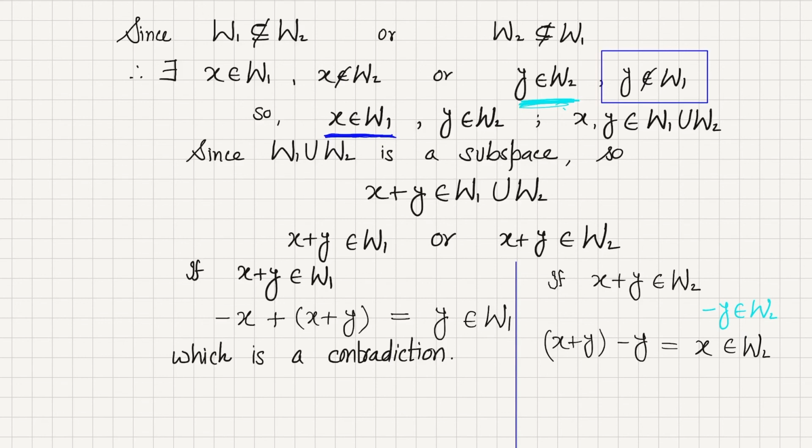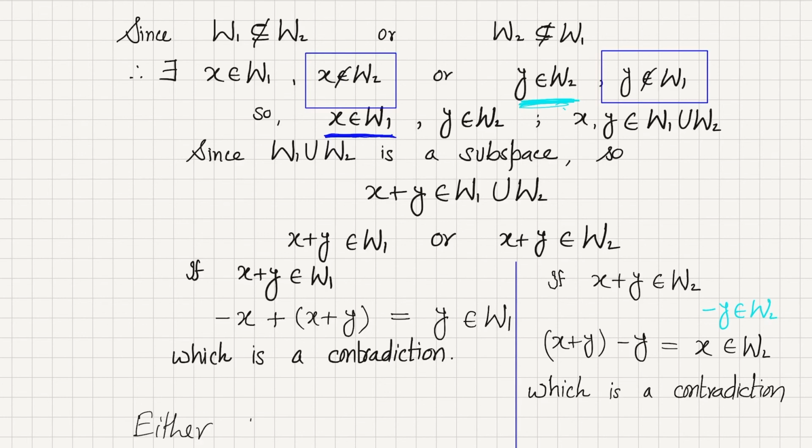But x is not in W2, so this is a contradiction. So in both cases we get a contradiction. So either W1 is contained in W2 or W2 is contained in W1. So we have proved our result.